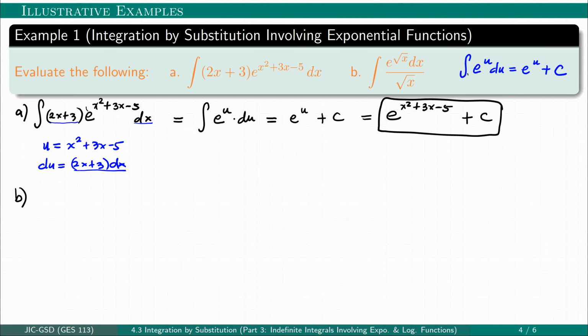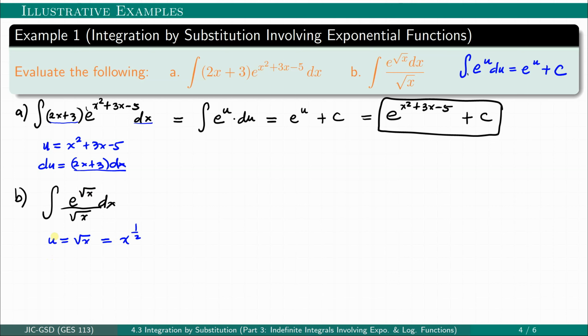For letter B, we have the integral of e raised to the square root of x divided by the square root of x dx. As before, let us let u be the power of the exponential, which is the square root of x. Note that the square root of x is just x raised to 1/2.